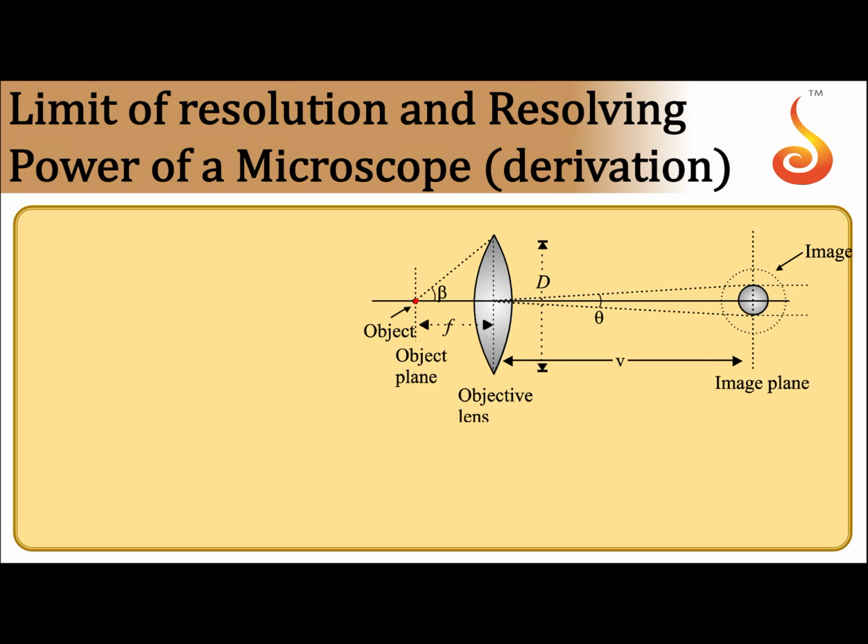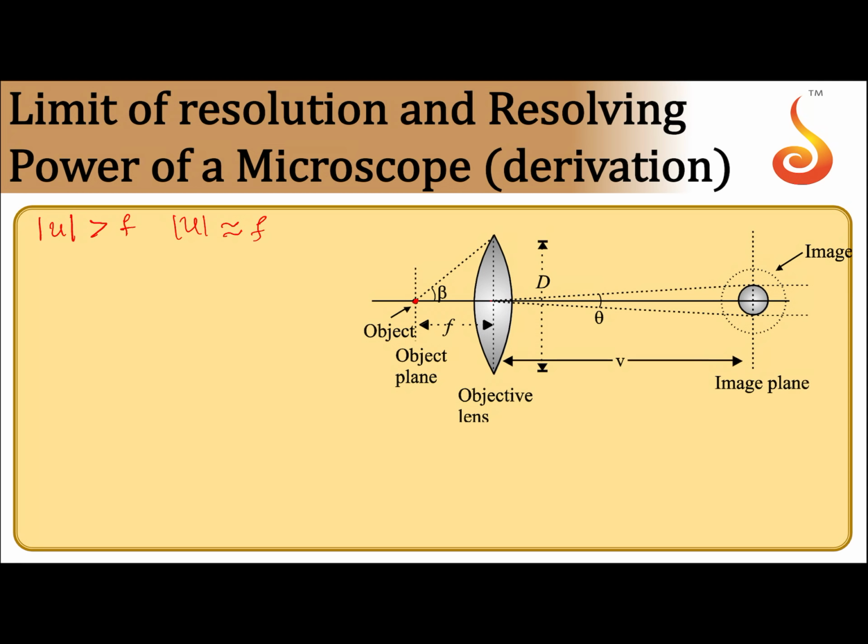In the case of a compound microscope, object distance is slightly greater than F. So, U is greater than F, but U is approximately equal to focal length of objective. It is held very close to focus, but beyond focus. Then object is placed slightly beyond F, so that real image is formed.